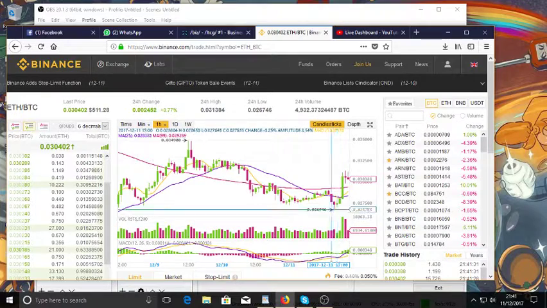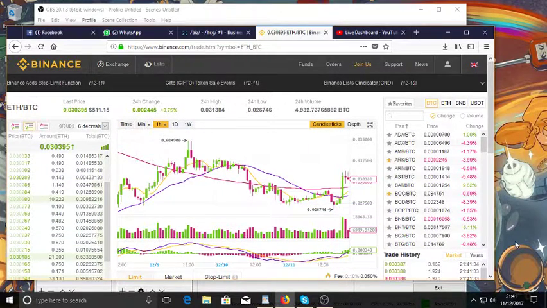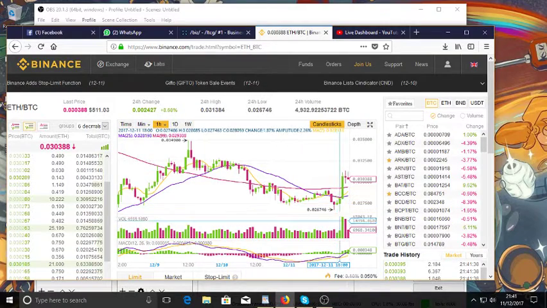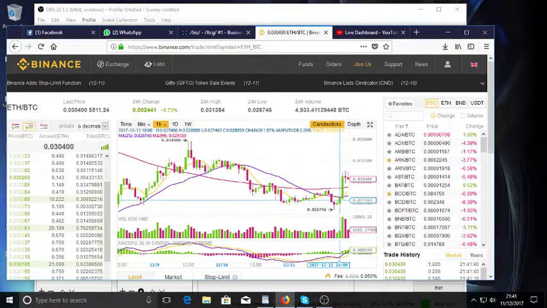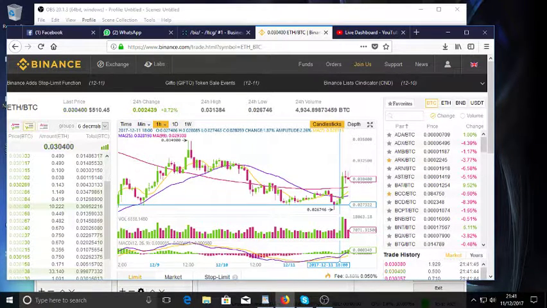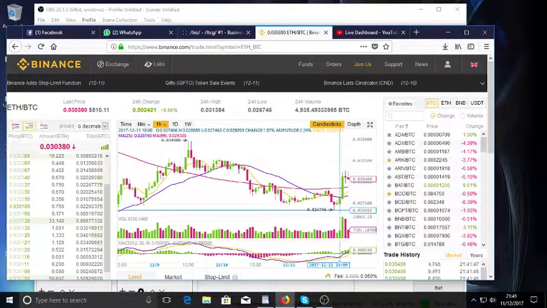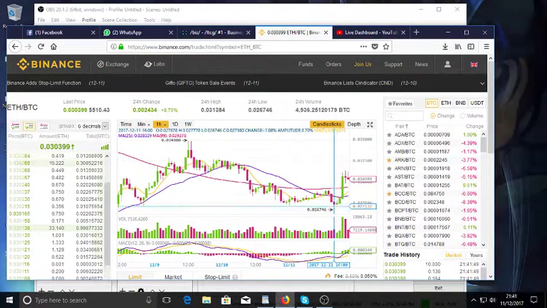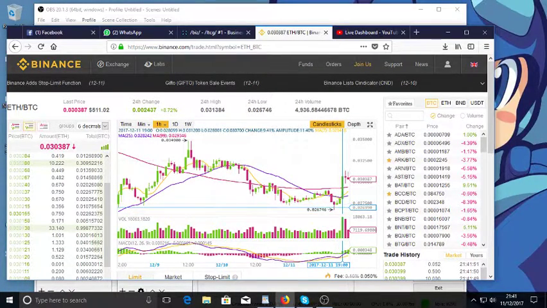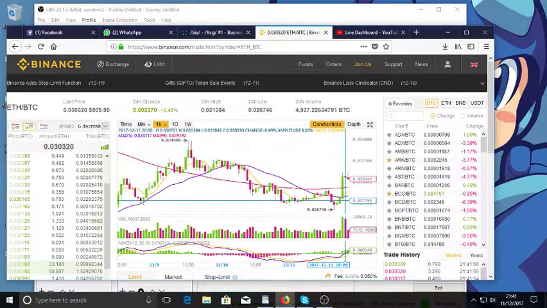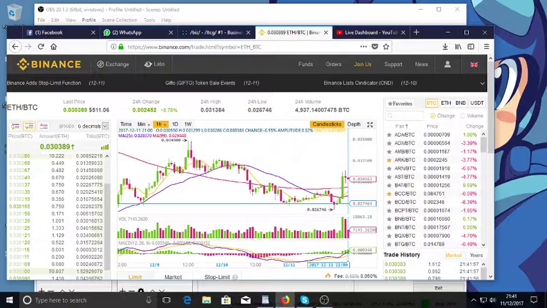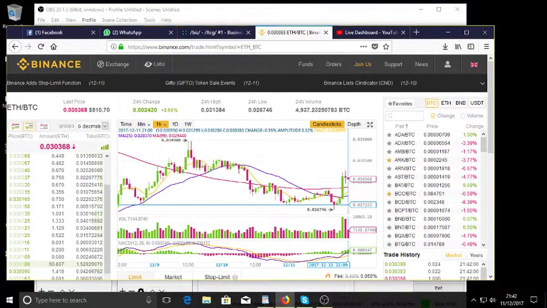Each block is the price movement. The top is where it opened, the bottom is where it closed, and this line here is the lowest price it reached and the highest price it reached. It closed lower than before, which is why the candlestick is red.